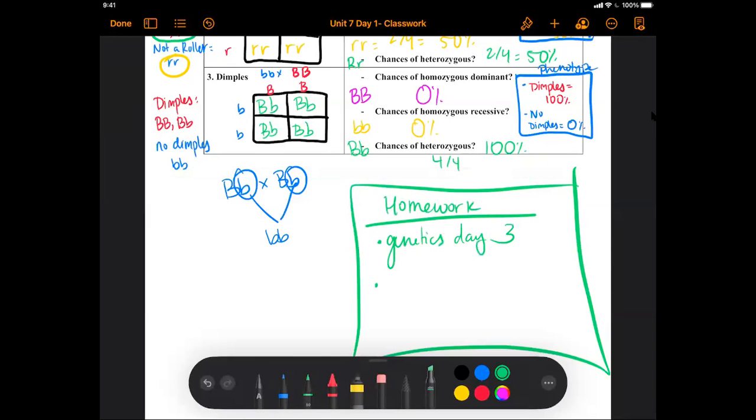I'll be posting Thursday and Friday's asynchronous work tomorrow, but those assignments will not be due until later on Friday. So you've got quite some time to work on them.